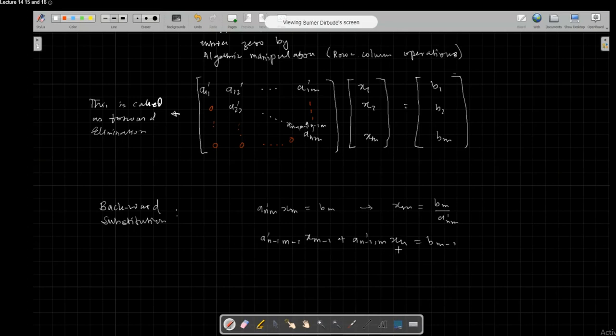Since xm is known, we can write a prime n minus 1 m minus 1 times x m minus 1 is equal to bm minus 1 minus a prime n minus 1 m multiplied by xm, where xm is bm divided by a prime nm.